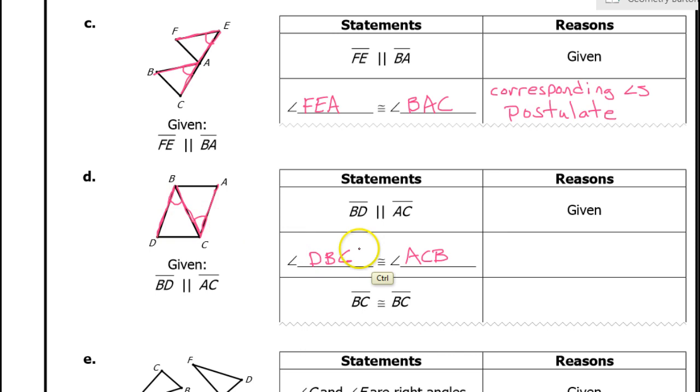So when those turn up, the reason that you put is alternate interior angles theorem. And normally I would abbreviate this, but for the sake of the video, alternate interior angles theorem.